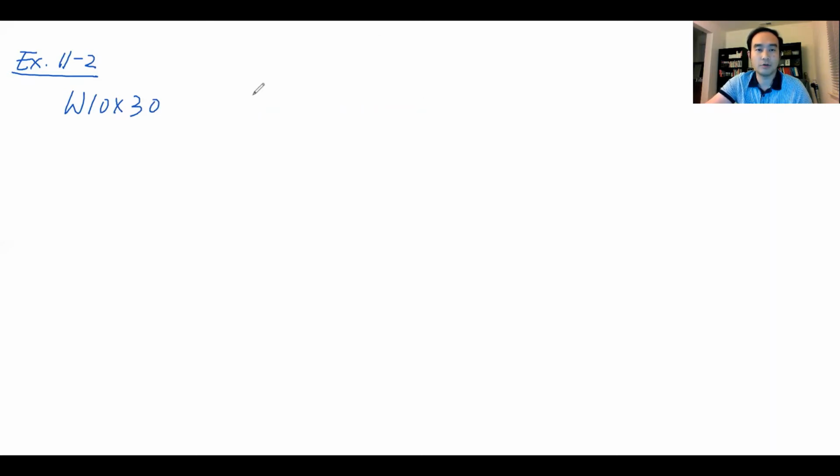I'd like to draw a straight line. Here we go. It's better. So here we have a member. It is under tension, and here we have PD and PL. So PD is a dead load and PL is a live load for these axial forces.